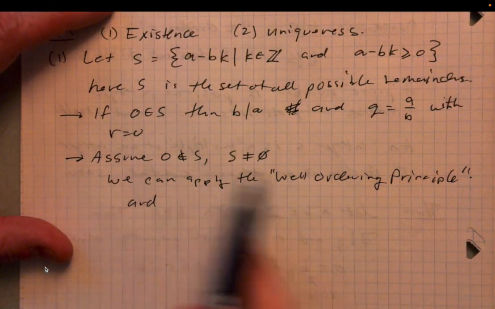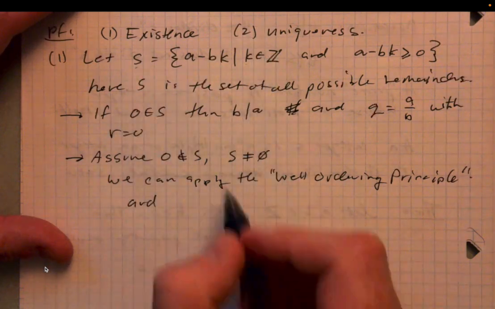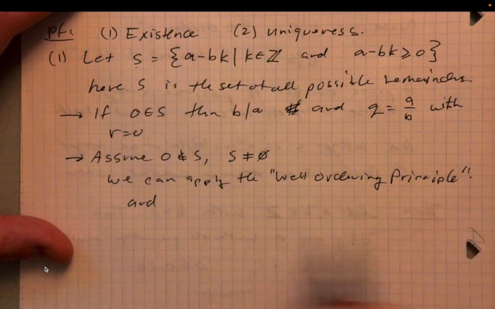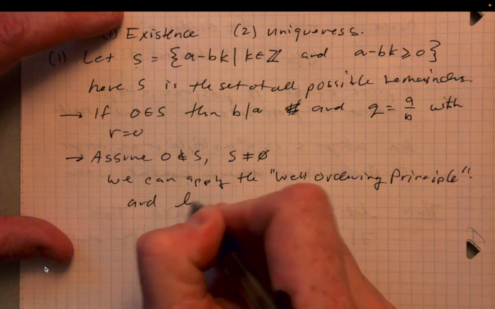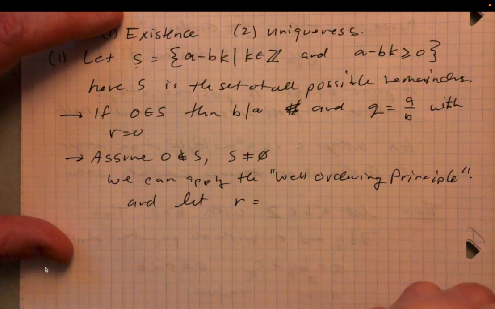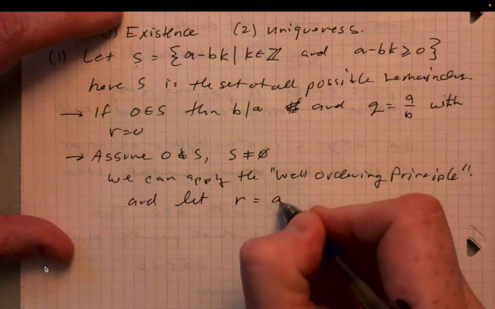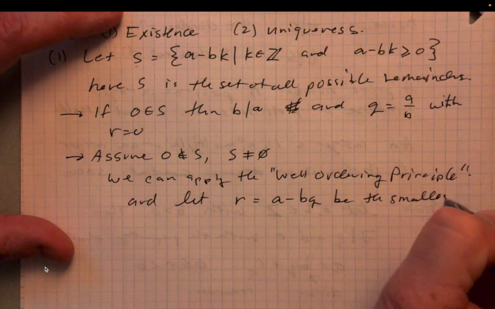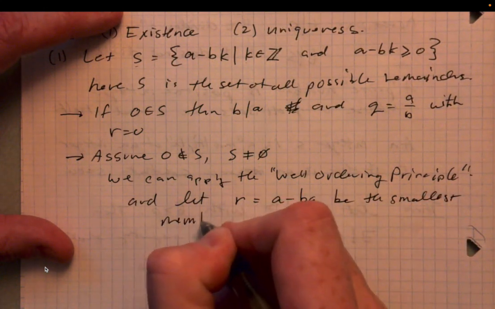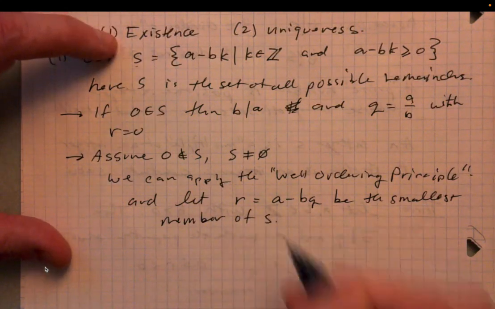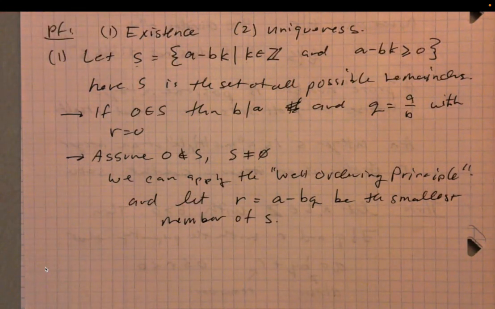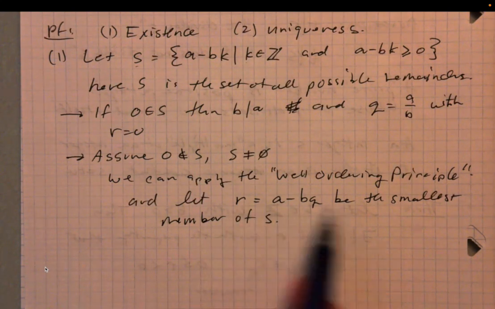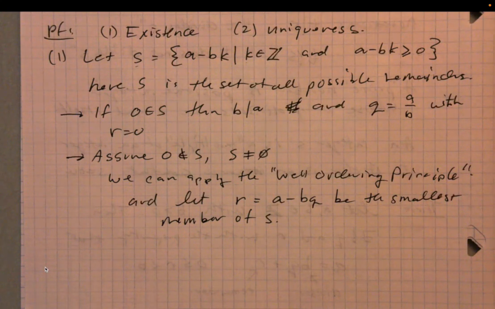So there's some smallest member of this set S. We can apply the well-ordering principle and let R equal A minus BQ be the smallest member of S. Because the well-ordering principle works, we know that there's a smallest member of S, and we're just going to call it R and let it be equal to A minus BQ.